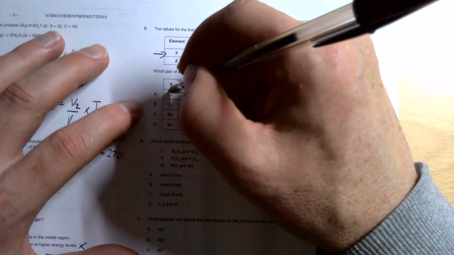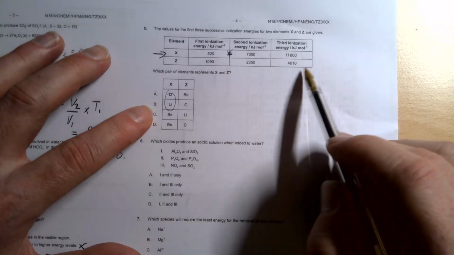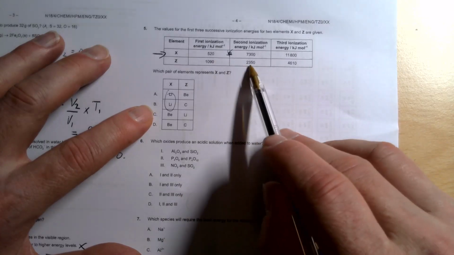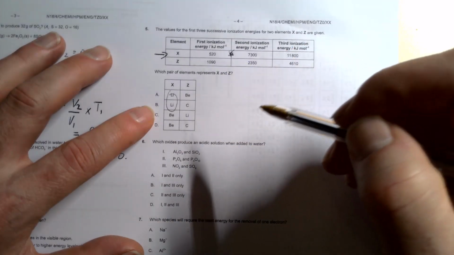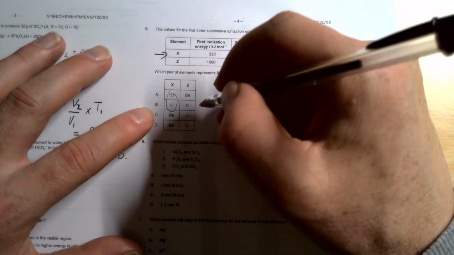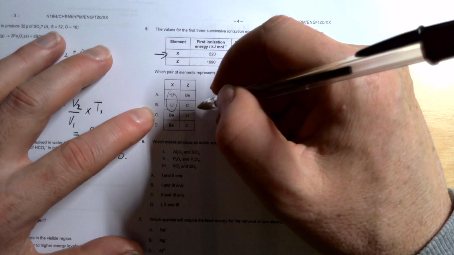So it has to be lithium for X, and there's no really significant gap. I mean, that's kind of going up by a couple of thousand, it's going up by a couple of thousand. There's no major difference between any of these. So this must be B, which is carbon.